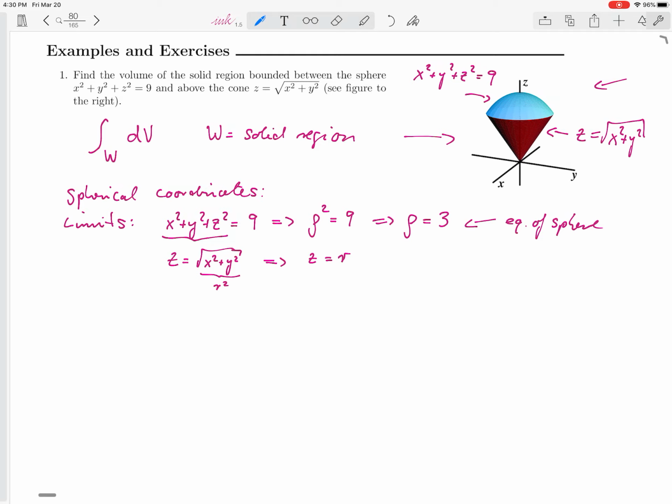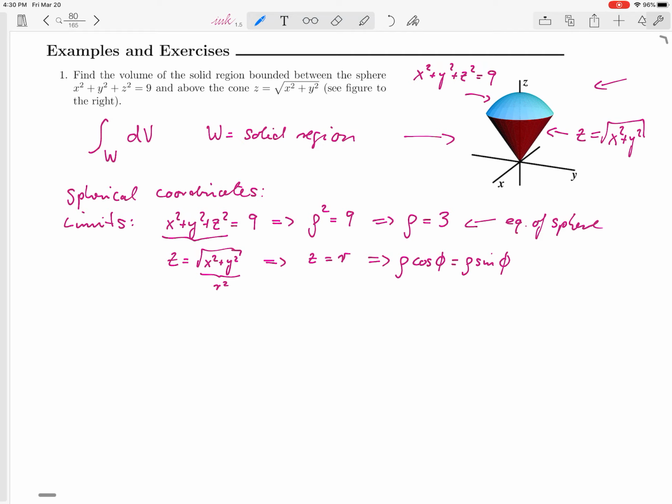But that's in cylindrical coordinates, and we want spherical coordinates. So we need to now go to our conversion equations and figure out what is z in spherical coordinates and what is r in spherical coordinates, and we find that z is rho cosine phi and r is rho sine phi.